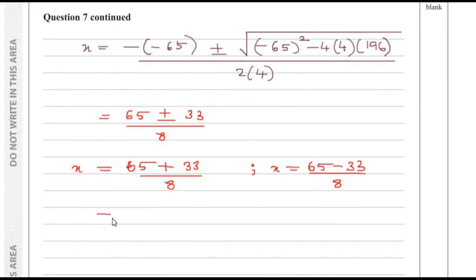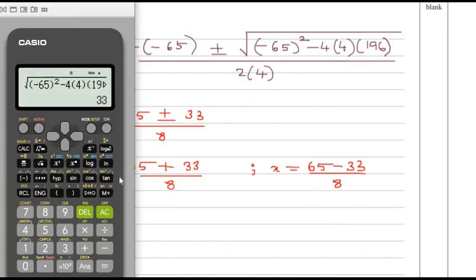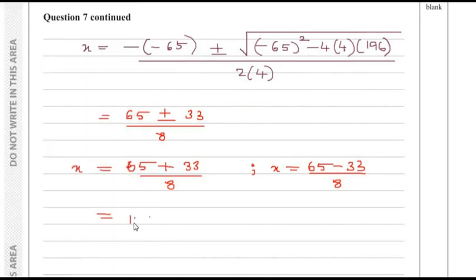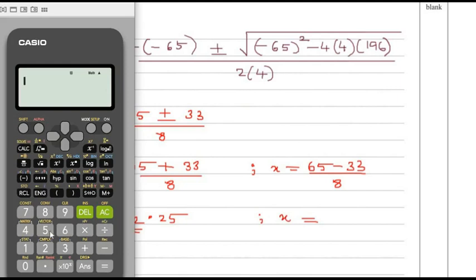So let us check how much we get here. So it is 65 plus 33 divided by 8, so it is 49 over 4 or 12.25. So 12.25 is the first value of x, and another value of x is 65 minus 33, we get it as 32 divided by 8, we get it as 4.